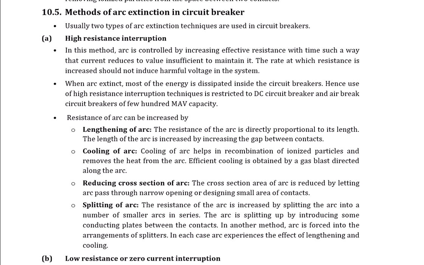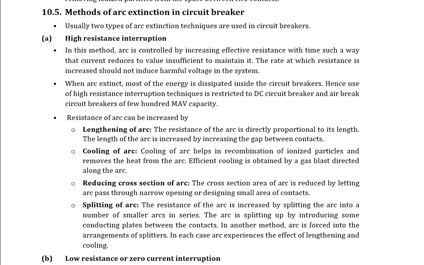In this method, arc is controlled by increasing the effective resistance with time, in such a way that current is reduced to a value insufficient to maintain it. So what we do in this scenario is increase the effective resistance. The rate at which resistance is increased should not induce harmful voltage in the system.